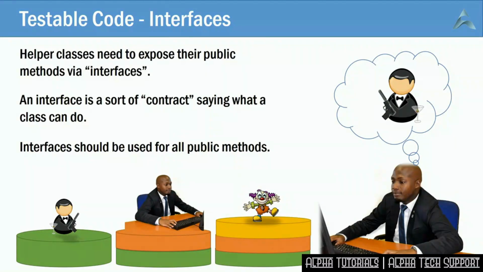The D in solid stands for the dependency inversion principle, which is a mouthful. What it says is that classes should depend on interfaces rather than concrete classes where possible, i.e. everything that's public, everything that other classes use needs to be defined by an interface.